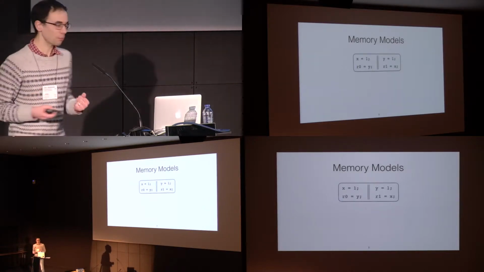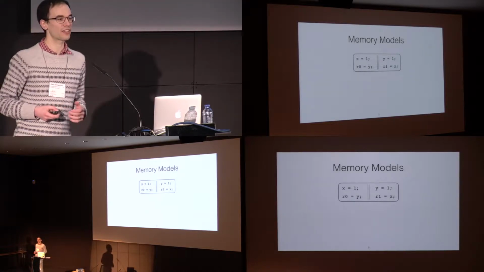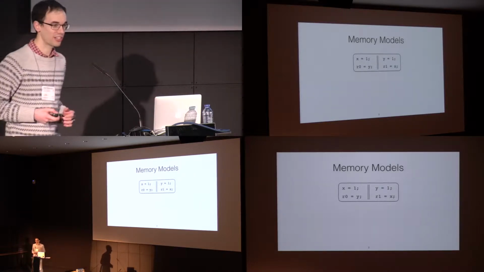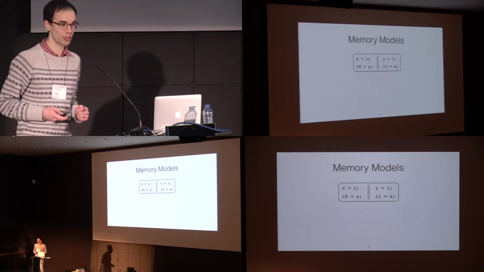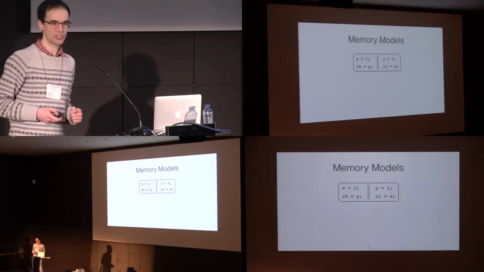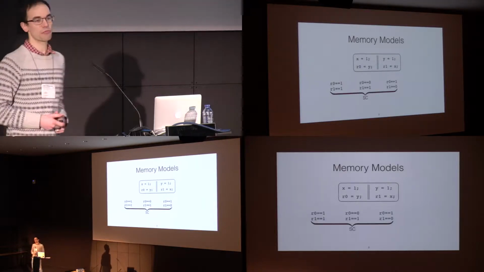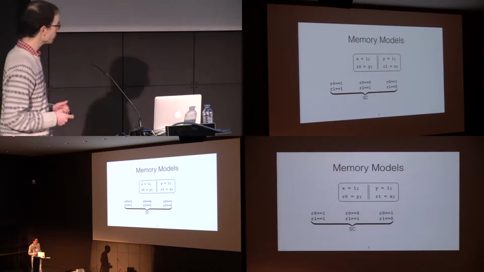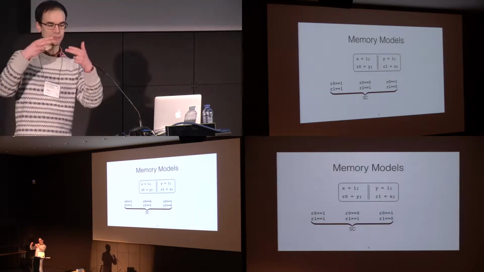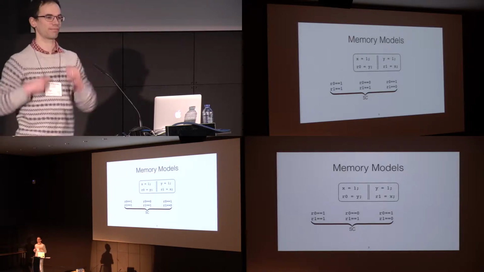To give a quick example, this program has two shared locations X and Y and two registers R0 and R1. If you run this program under the sequential consistency (SC) memory model, then there are three possible outcomes. They correspond to whether the threads are interleaved like this, or like this, or like this.